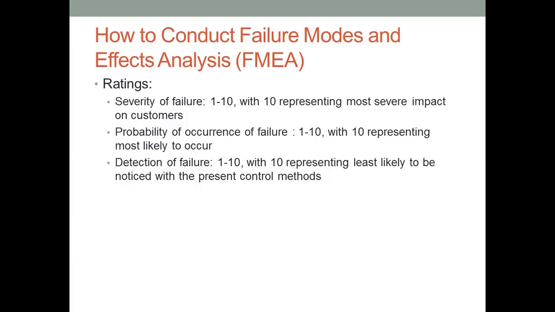Detection of failure is also from 1 to 10, with 10 representing least likely to be noticed with the present control methods. You could also use 1 to 5. So in this case, 5 for severity would be the highest impact, 5 for probability would be most likely to occur, then 5 for detection would be the failure would have occurred, customer or stakeholder would have experienced negative impacts.